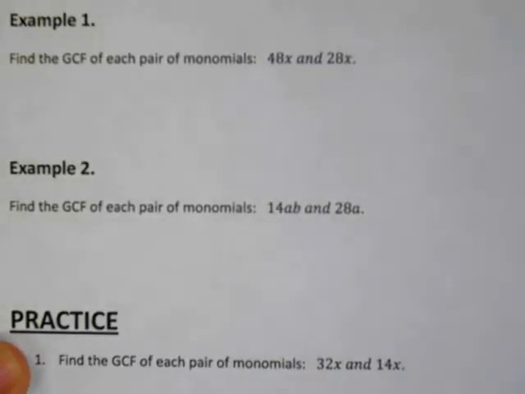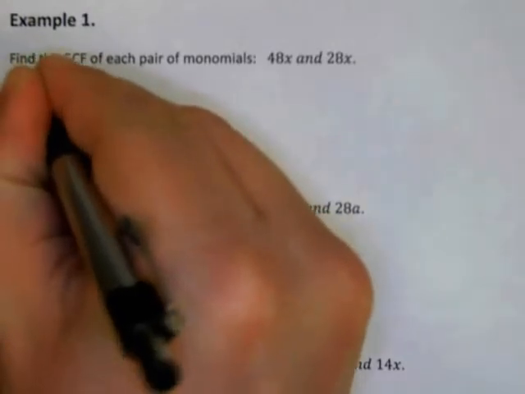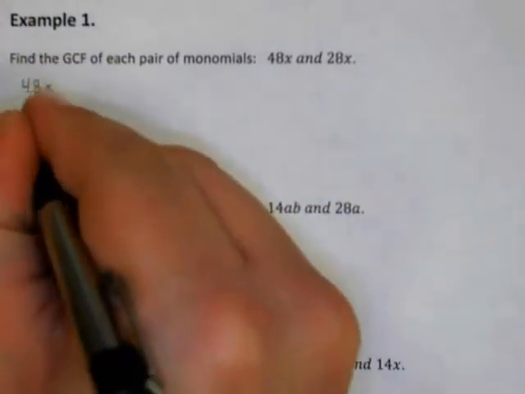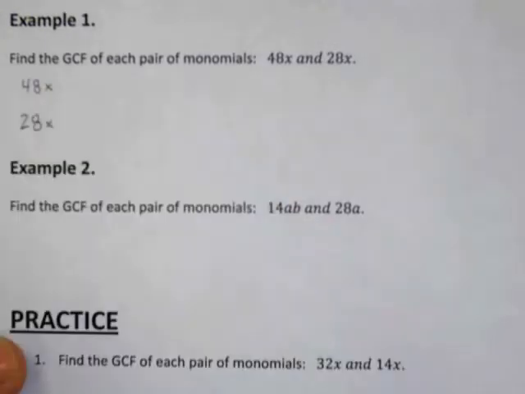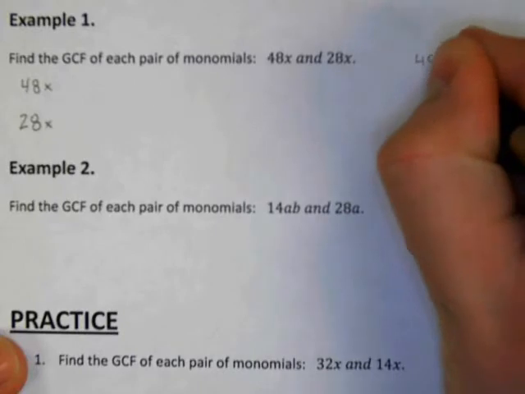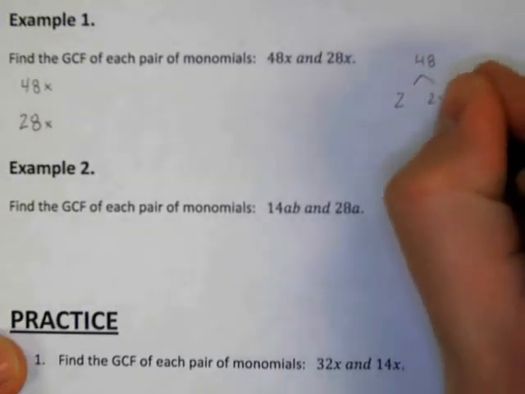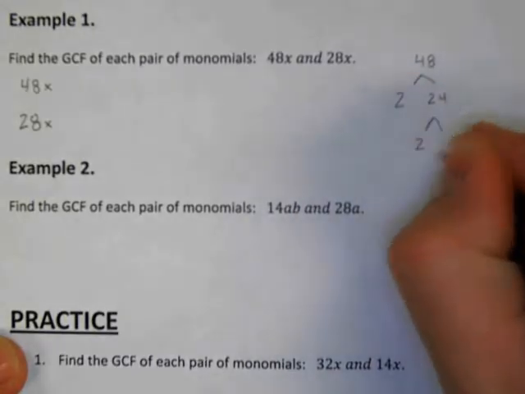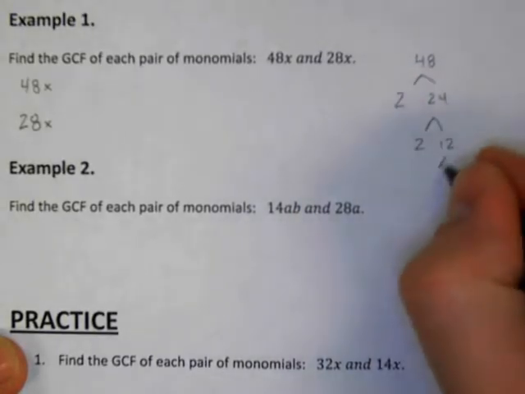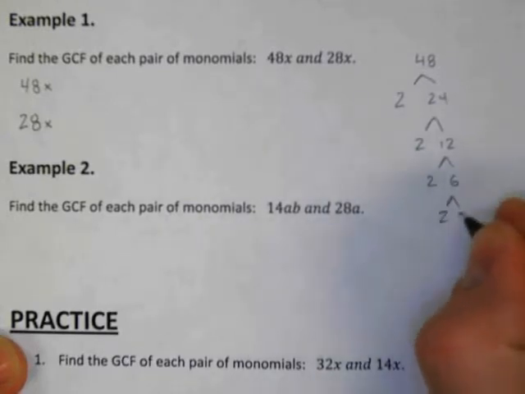Alright, example 1 says that we need to find the GCF, remember that's the greatest common factor, of each pair of monomials. So we have 48x and 28x. If we were to try to branch this out, if we took 48, we know that 2 times 24 gives us 48, and 2 times 12 gives us 24, and 2 times 6 is 12, and 2 times 3 gives us 6.